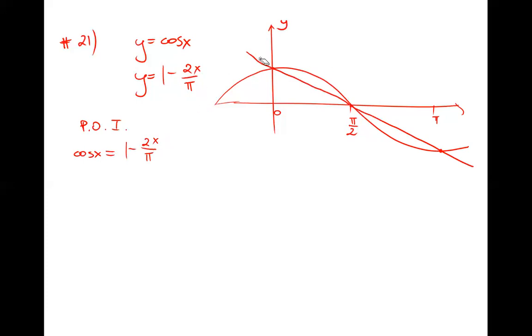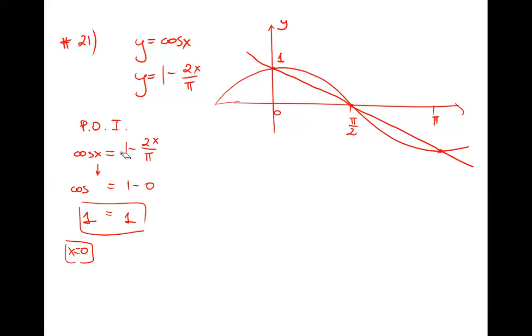If I substitute 0 for x, cosine at 0 is 1, and 1 minus 0 is 1. That means x equals 0 definitely works, because this is 1 and we have to go through 1. However, I can also put pi over 2 and I can put pi. Those are all of the points of intersection, right?